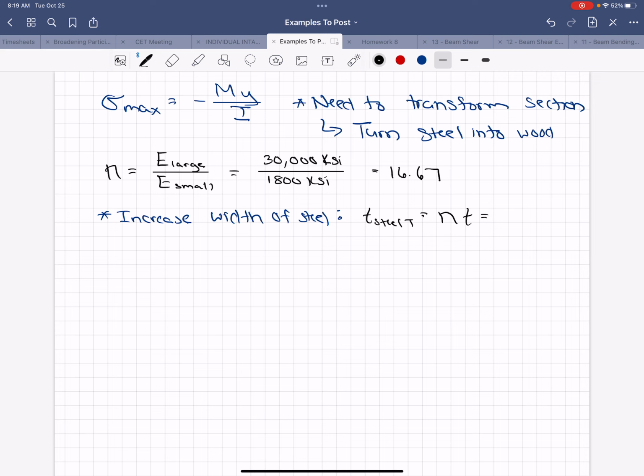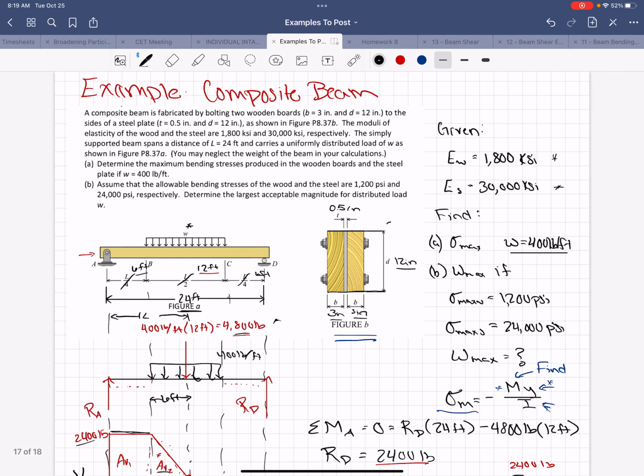And so the n is 16.67. The original thickness was 0.5 inches. And we get the thickness of steel transformed equals 8.33 inches.